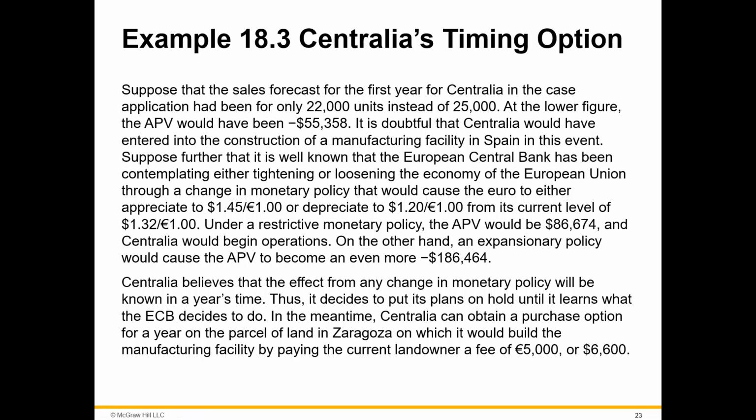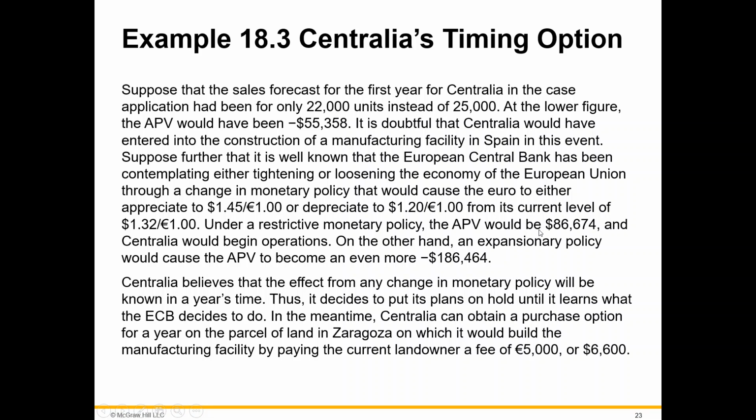So they pay 5,000 euros to have the land in place if they choose to go for it. And you can see how this math would work out. I haven't done it yet. The sales forecast came in poor, so it doesn't really work to just do it. We can't just pull the trigger. And we have some uncertainty about the exchange rates.